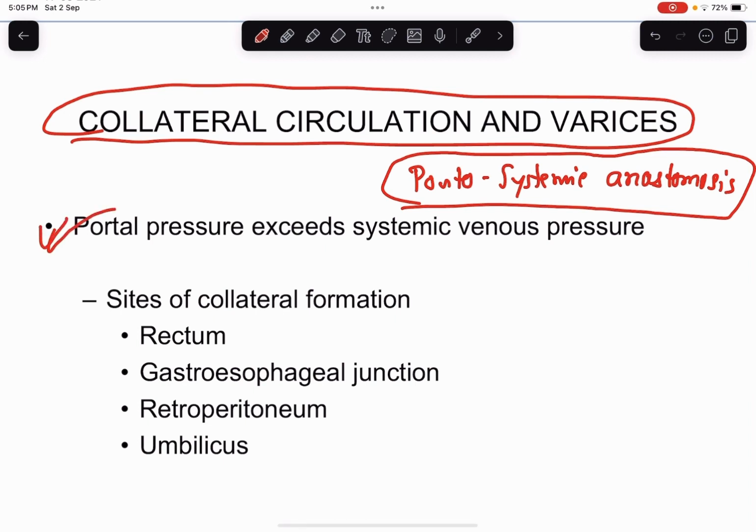Portal pressure exceeds systemic venous pressure, so blood from the portal system will go directly into the systemic venous system, bypassing the liver.